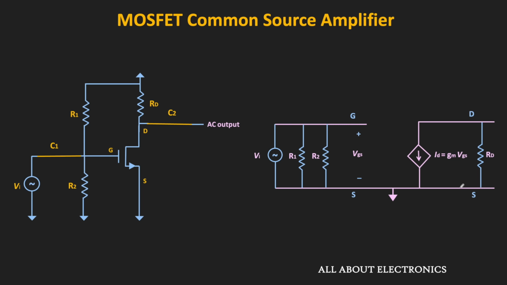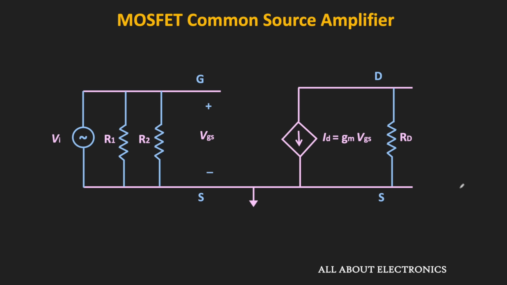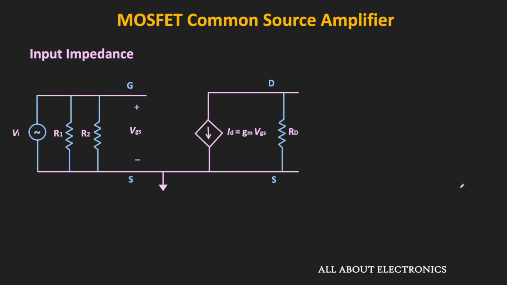So for this circuit, now let us find the voltage gain, the input impedance and the output impedance. And first of all, let us find the input impedance. So if Vin is the input signal and this Iin is the input current, then this input impedance is the ratio of this input signal to the input current.